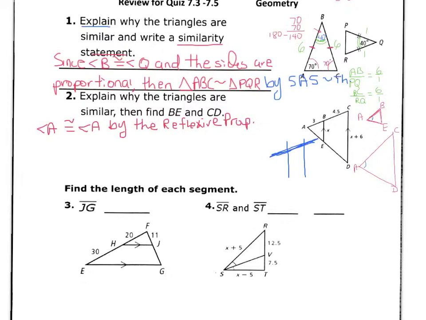This line, and this parallel line, mean this angle is congruent to this angle. You remember those are corresponding angles. So angle B is congruent to angle C by corresponding angles.